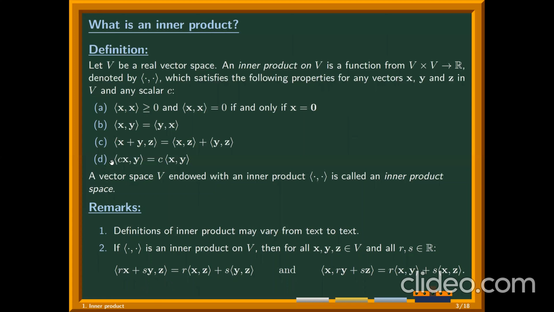But then if you apply property D to the result, you will obtain this expression. Take the inner product of x with the linear combination of y and z, then you can interchange the two. And then by the result here, this inner product will be equal to the inner product of ry and x plus the inner product of sz and x. And then applying property D and property B, that result will be reduced to this expression.